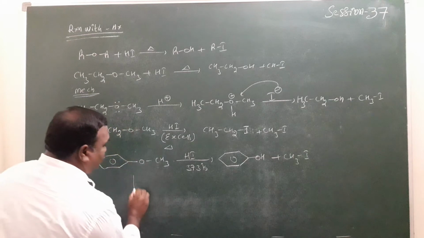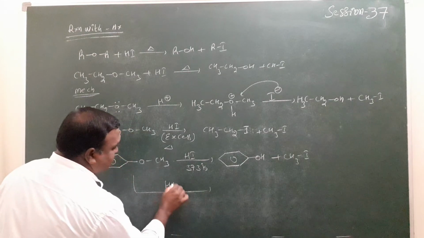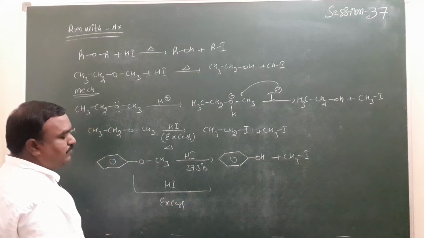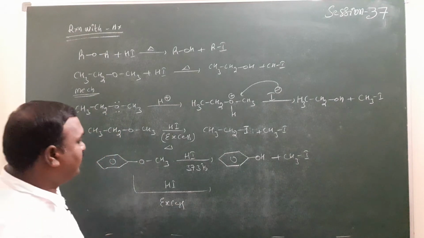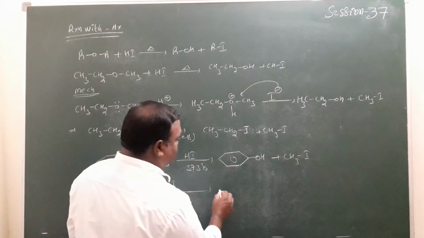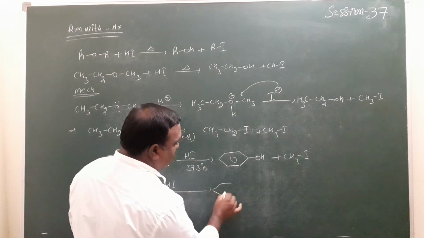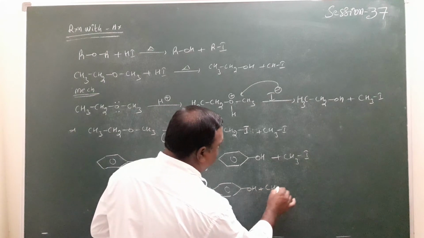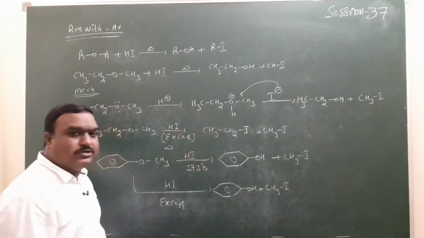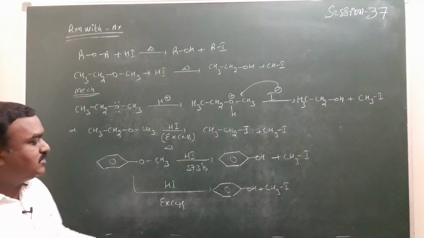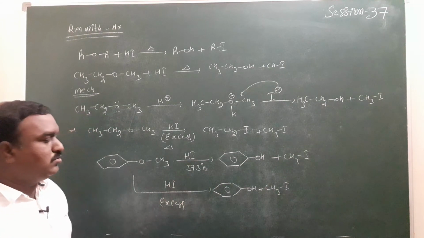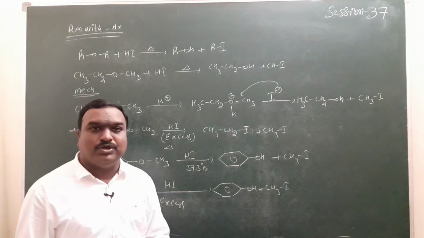Now if you take HI in excess, in the first step it converts into phenol and methyl iodide. If you take another mole, there is no chance to get the product. Why?